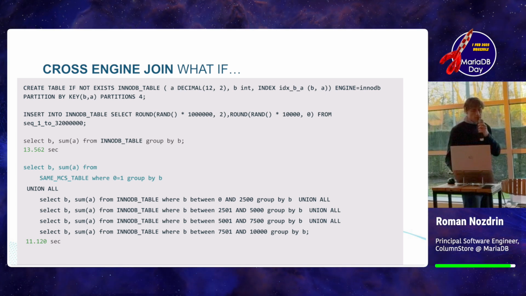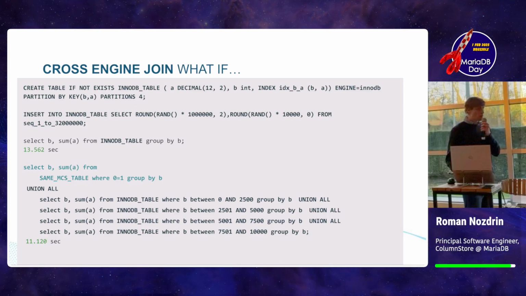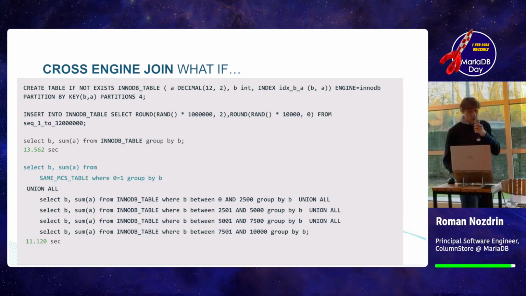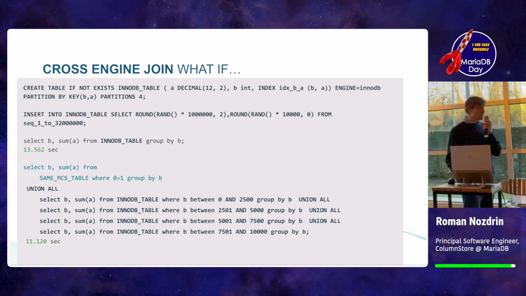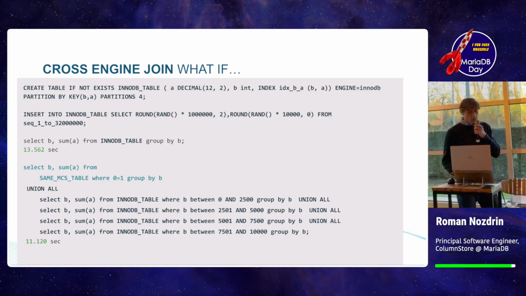And after that, Columnstore will hand this batch over to the group by operator that is run by Columnstore itself. And Columnstore, I remind you, runs every algorithm in parallel. So it can do this faster than MariaDB as of now.